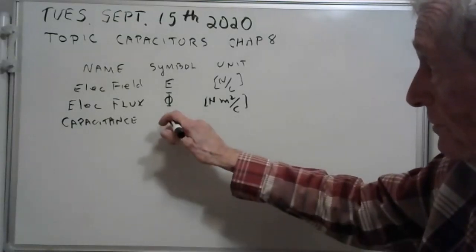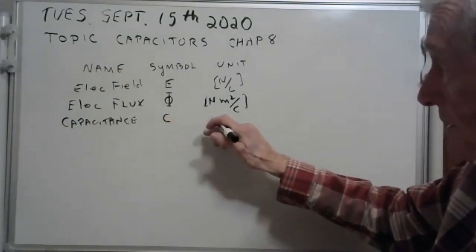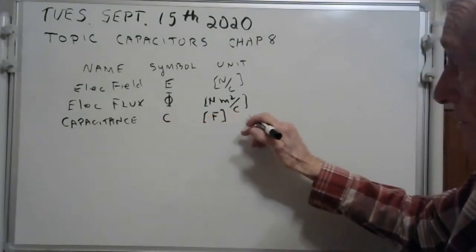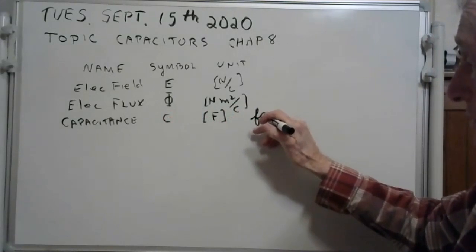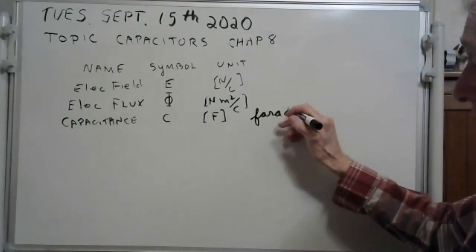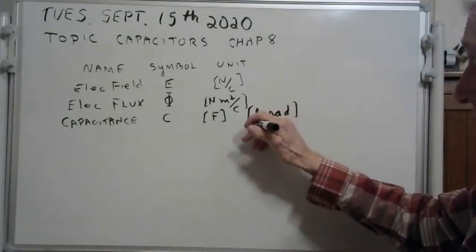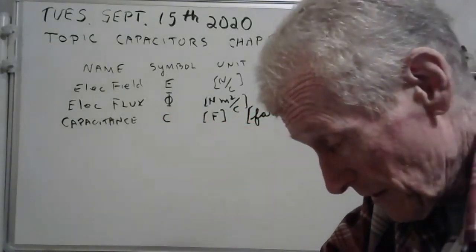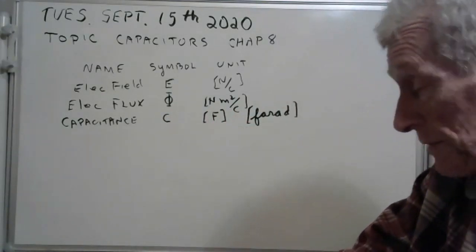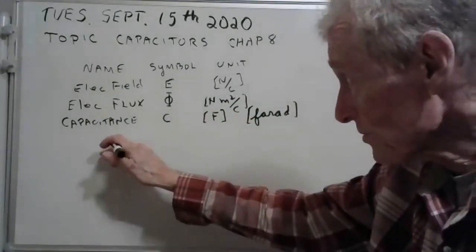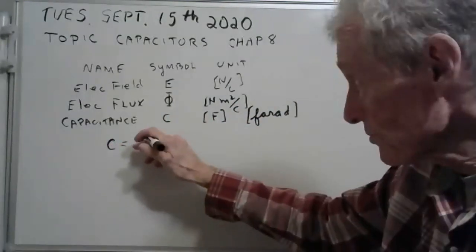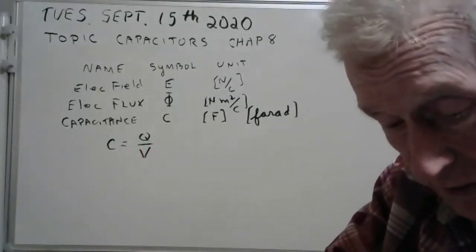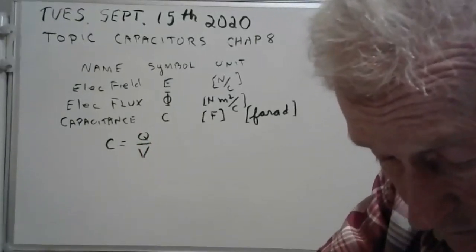And the symbol for capacitance is C, and the unit is a farad. And you could write that with a little F-A-R-A-D if you wanted to, or if you write it like that, you have to use a capital F. And what the definition is for capacitance is it's the amount of charge that you have divided by the amount of volts that you have.